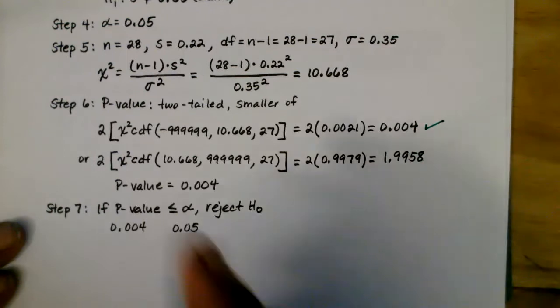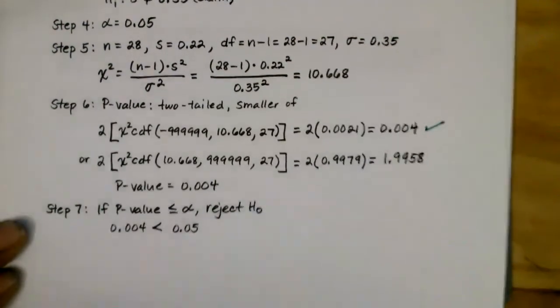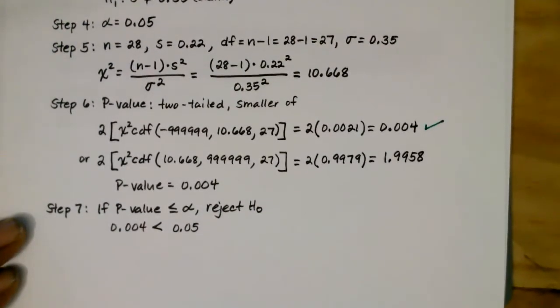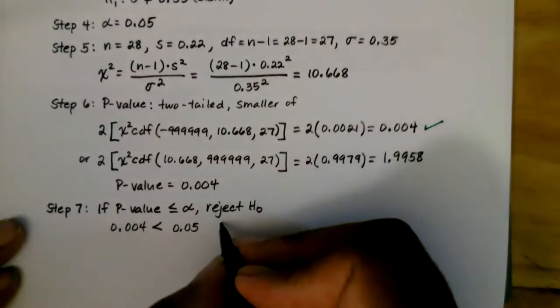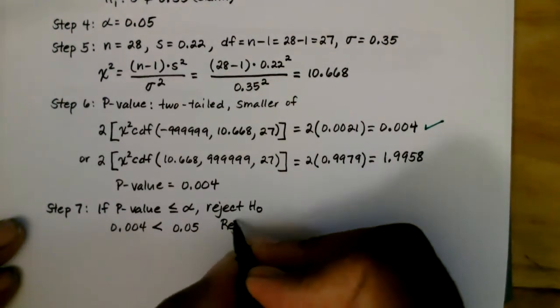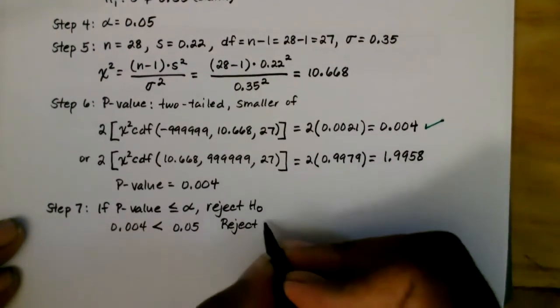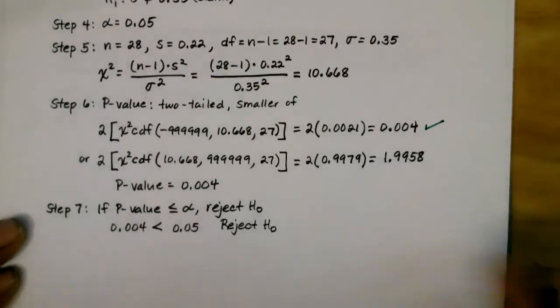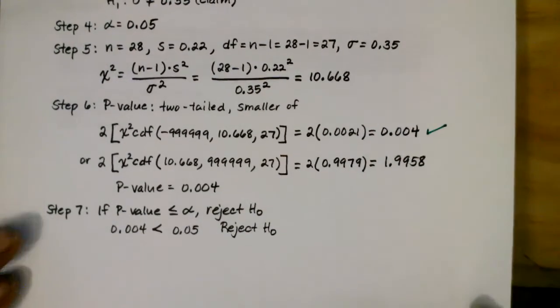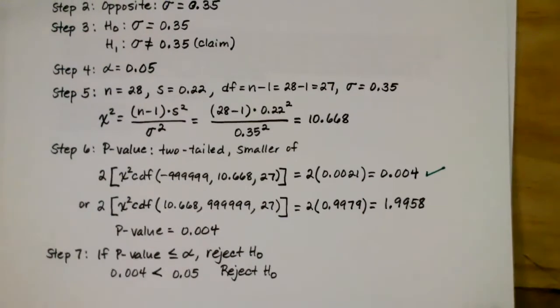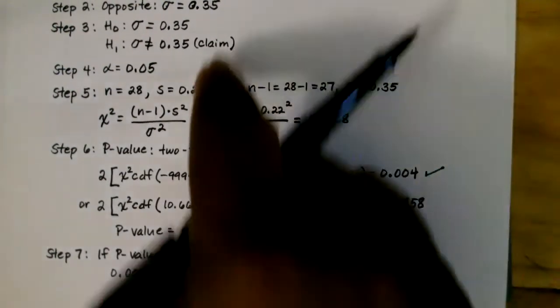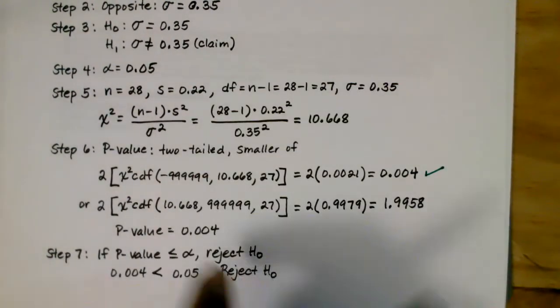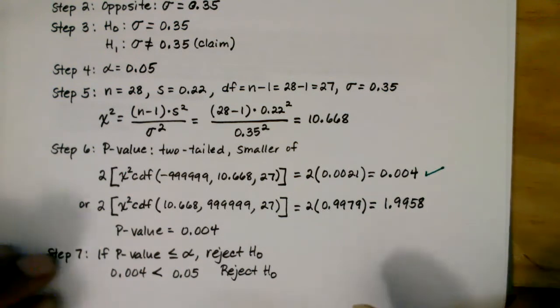Compare those two. 0.004 is less than 0.05. So it does satisfy the decision rule. So that means we need to reject the null hypothesis. If the claim was the alternative hypothesis in step number 3, we reject the null hypothesis. That means we have sufficient evidence to support the claim.